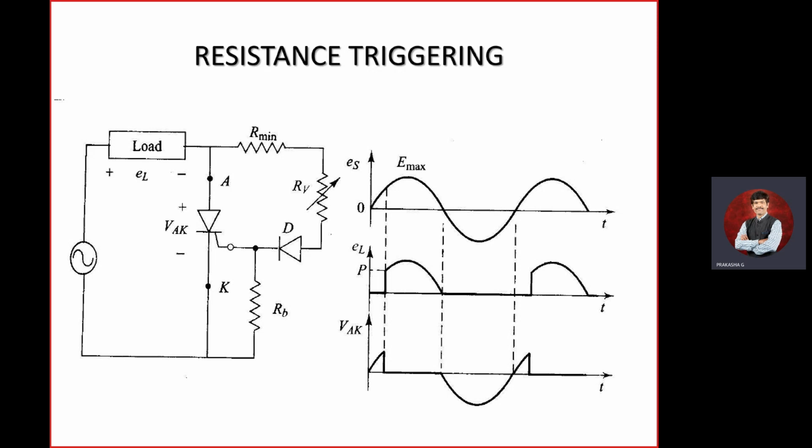Now similarly, I need to measure what is the value of EL, the voltage across the load. So initially what happens, I'm not going to get any voltage across the load. This is 0.